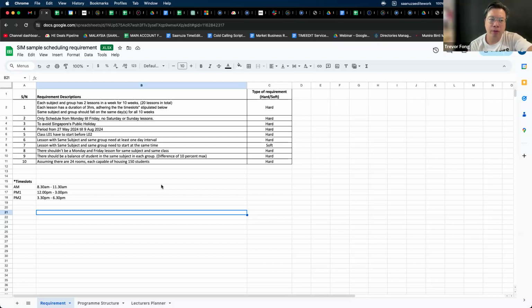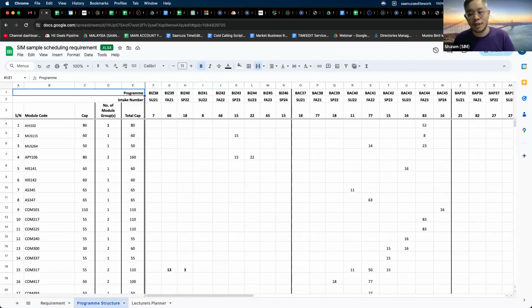They're not just available for this. So that's why I didn't mention what kind of room types you have. If I include room types, it will be a bit more complicated. If you go to the program structure, then we need to tell you this one needs to use an LT, or an SR, or labs, etc., which we took out, because I understand this is a demo and all these restrictions may be too many. Okay, I understand.